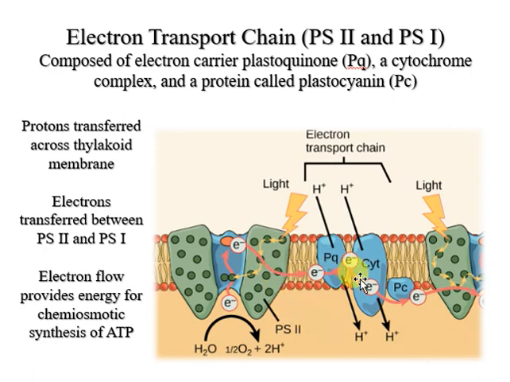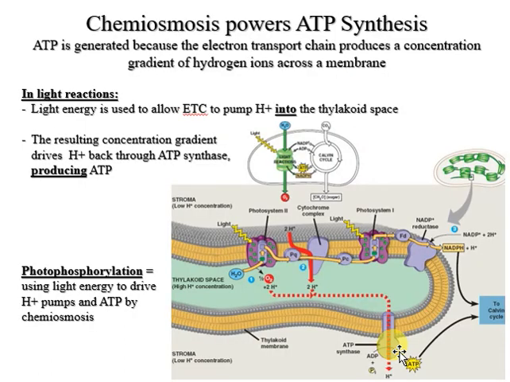Right? So what's happening is, as electrons pass through this cytochrome complex, your protons or your hydrogen ions are pumped into the thylakoid space or your thylakoid lumen. And that contributes to the creation of a proton gradient that will be used to fuel chemiosmosis, or the chemiosmotic synthesis of ATP.